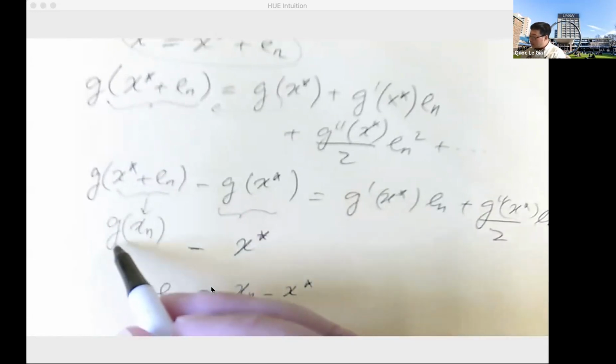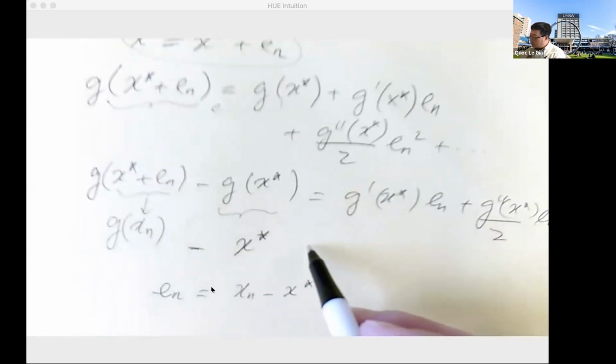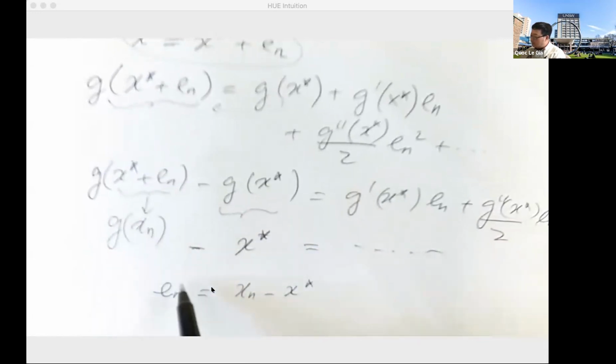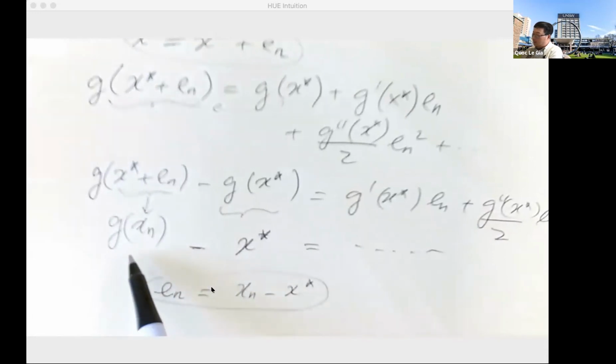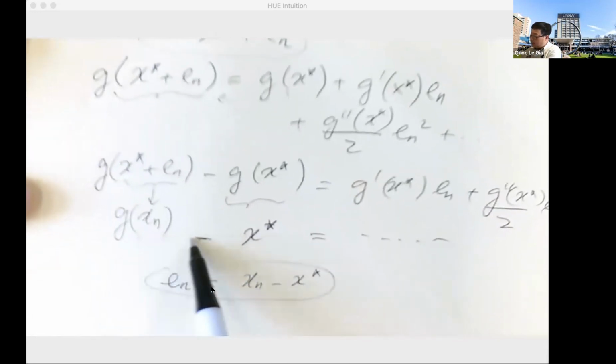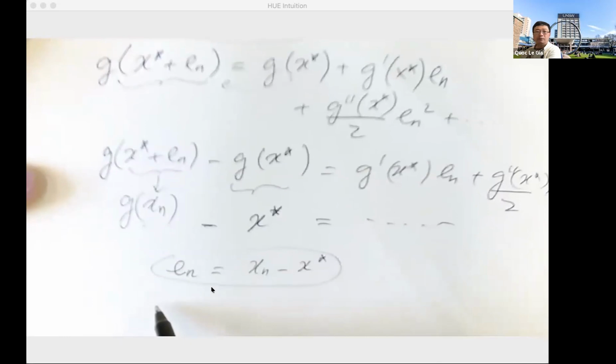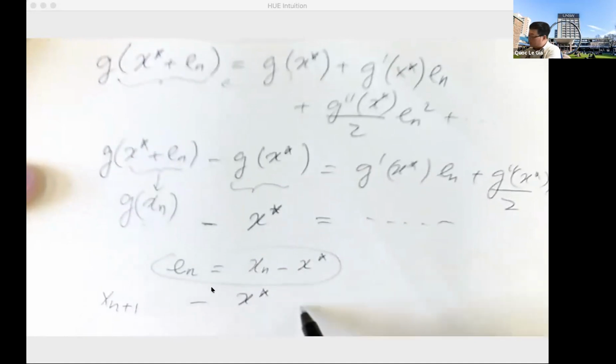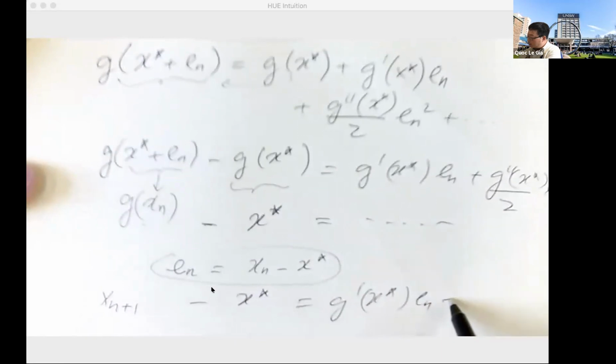But g(xn) is actually the same here. So what is g(xn)? g(xn) is just xn plus 1, by the formula. So it equals g prime(x star) en plus g double prime(x star) over 2 times en squared.